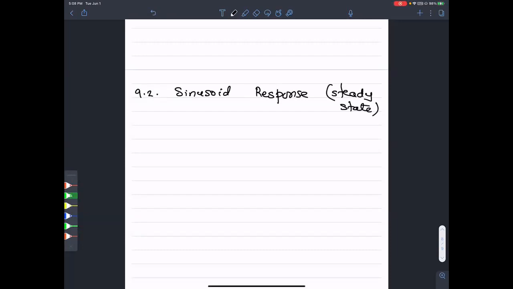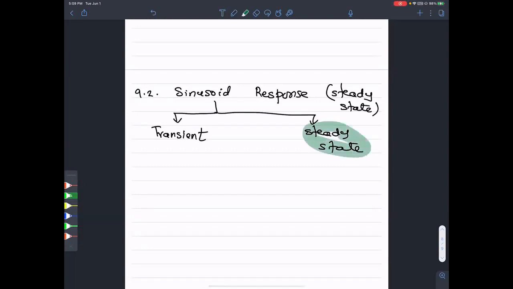Like I mentioned, sinusoid response could be transient, and then steady state. In this chapter, we are only interested in steady state response.